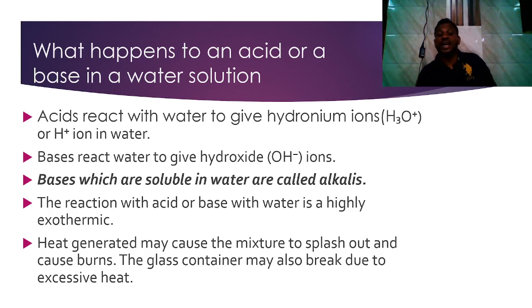What happens to an acid or a base in water solution? We are going to combine the acid or the base with water. What will happen here? Acid reacts with water to give hydronium or hydrogen ions. Hydronium means hydrogen ions, H3O plus ions or H plus ions in the water.